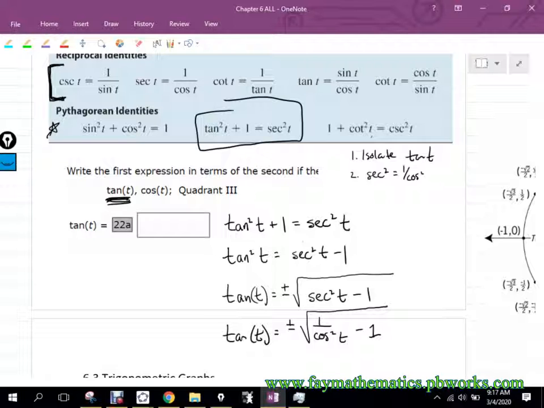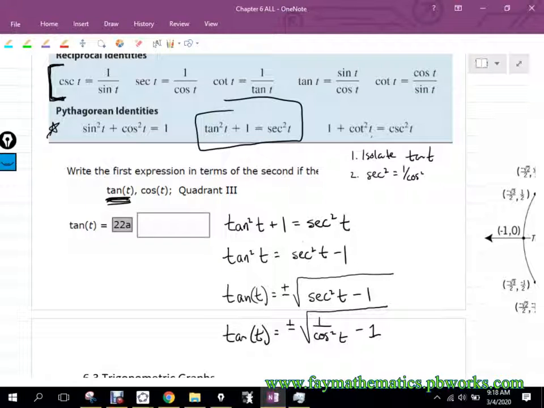Okay? But we have to do a little bit of work yet to really decide which one of these pluses or minuses we choose. It says t being in the third quadrant, right? Tangent in the third quadrant is what kind of number? All the students take calculus. So in the third quadrant, tangent is positive.